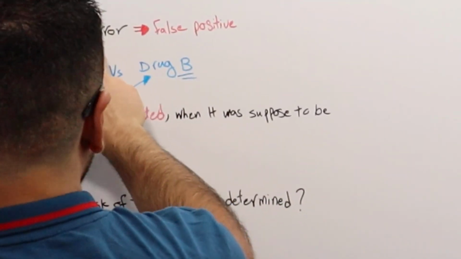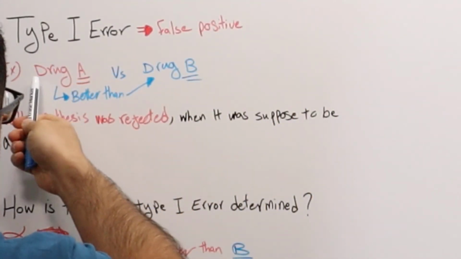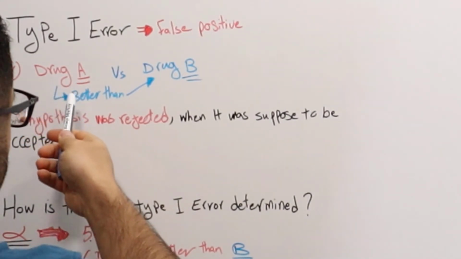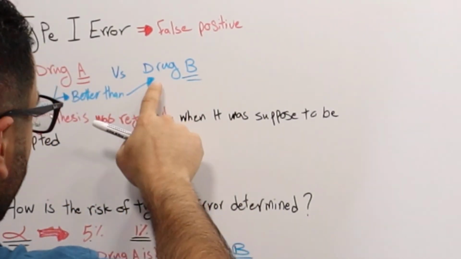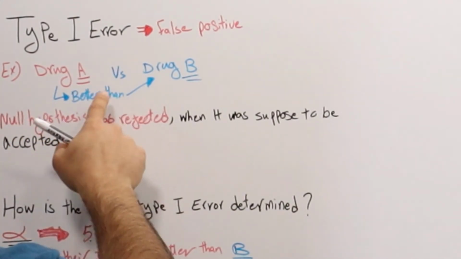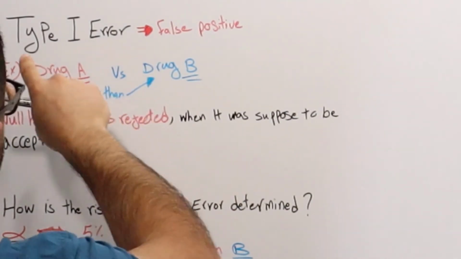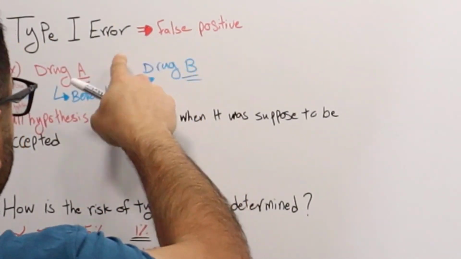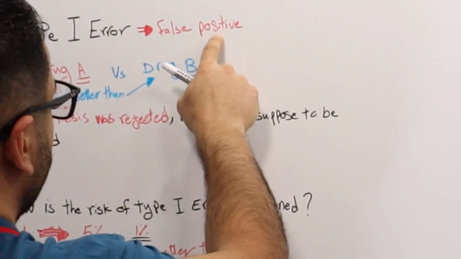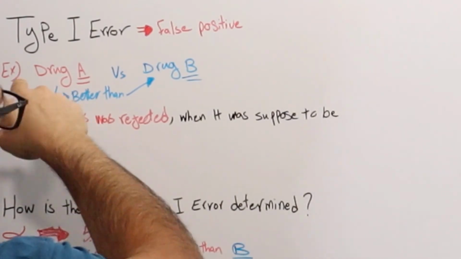In type 1 error, basically what happened is that the researcher proved that their drug A was better than drug B, right? That's what they did. However, that wasn't correct. And in this case, basically the null hypothesis was rejected. So to keep in your mind that type 1 error is false positive, we can associate positive with drug A being approved.